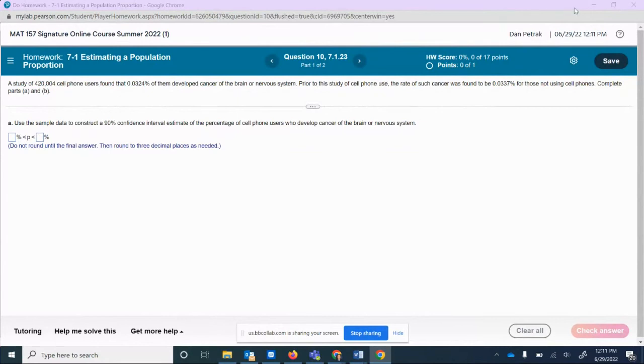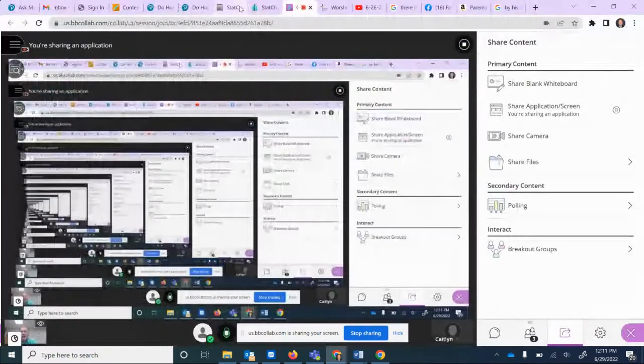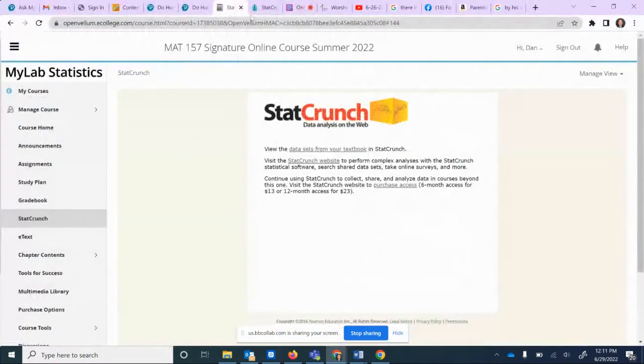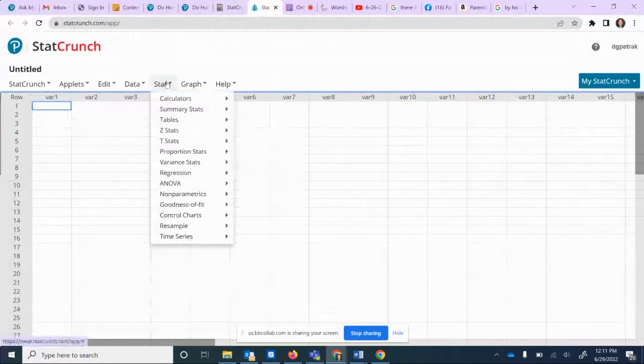All right, so let's go over here to StatCrunch. I think I've got it open right here. So I'm going to go to Stat, and what do you guys think I should go to? Proportions. Very good. So if you're going to be talking about proportions, you know where to go. If we're talking about means, we're typically going to go to T stats, okay?